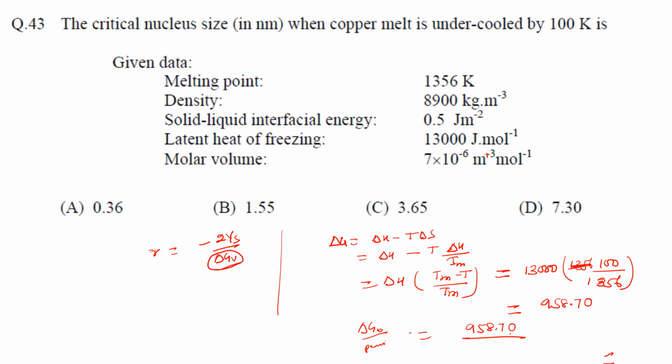958.70 divided by your molar volume. So molar volume is how much? 7 into 10 power minus 6, right? So now put this one over here, minus 2 gamma s. So gamma s, the interfacial energy, is given 0.5.